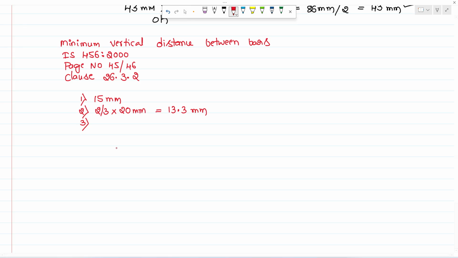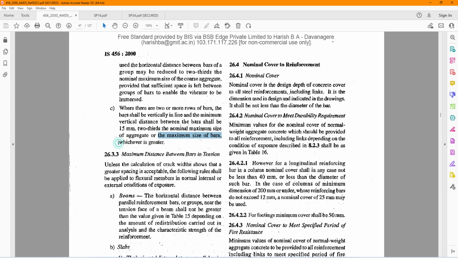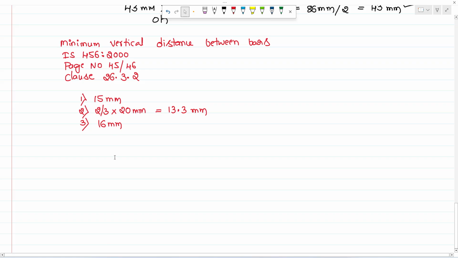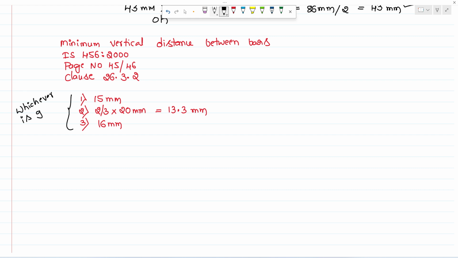Here maximum size of bars is 16 mm. Again code says whichever is greater. So among these three values you need to provide whichever is greater.